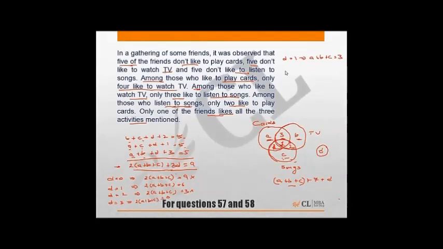And the second case is if D is equal to 3, this will imply A plus B plus C is equal to 0. Okay. So there are two cases which are coming out, D equal to 1 and D equal to 3 if we go by this, and hence you could be tempted to mark the answer as cannot be determined.